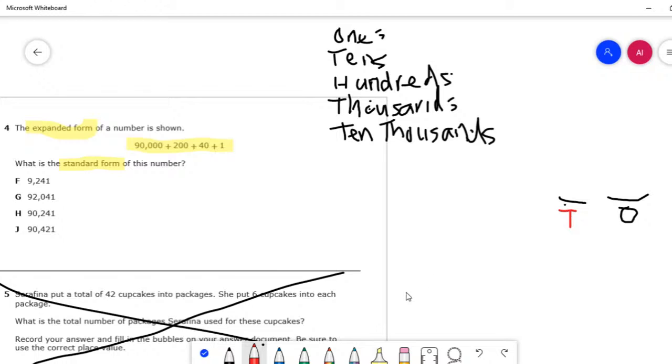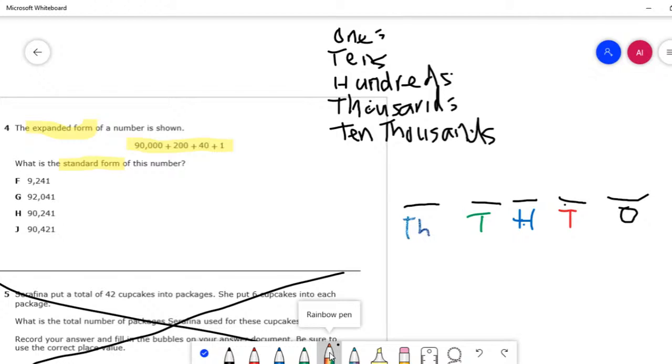Let's color code everything. For hundreds, that's equal to 10 tens, so I'll write that in blue. For thousands, let me write that in green. And for 10,000s, I will use this colorful color here.